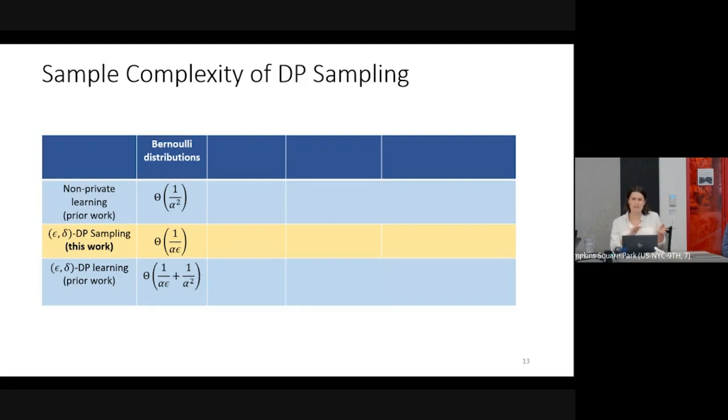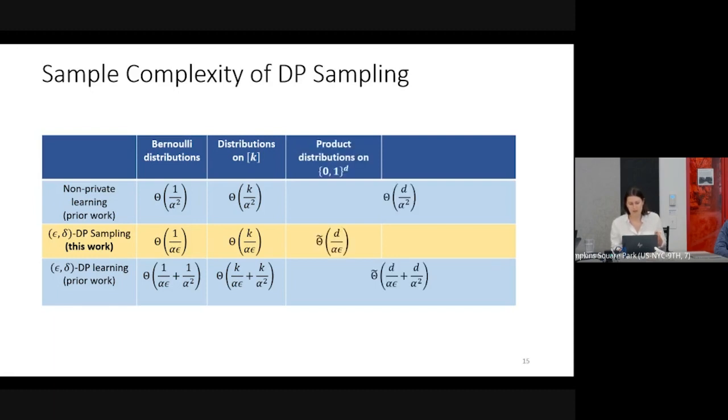Then we generalize this in 2 ways. First, we consider expanding to distributions on k items, and we find that all the bounds scale with k. And we also generalize to products of Bernoulli distributions and find that generally the bounds scale with d, as expected.